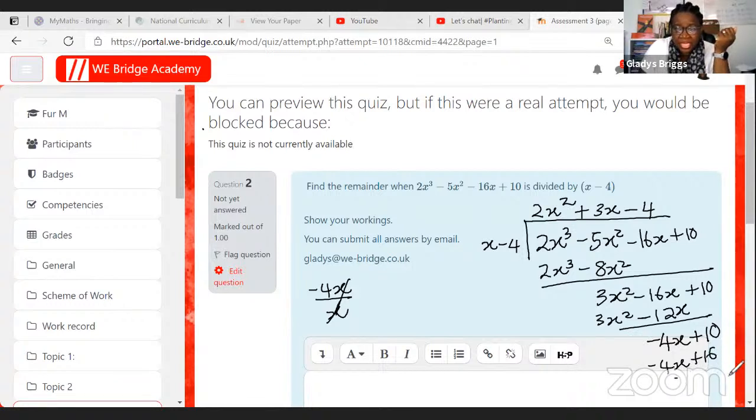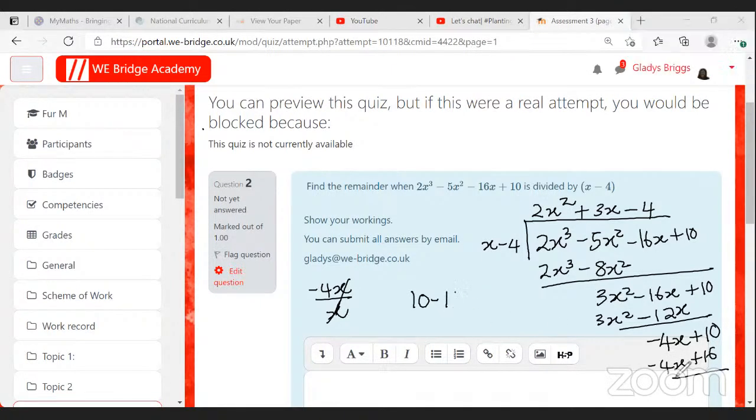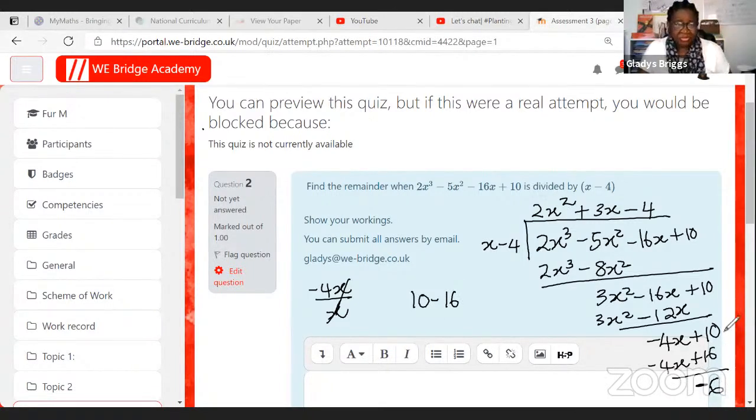Yeah? So then you would have a remainder of what? Minus 4x minus minus 4x is minus 4x plus 4x, which is 0. 10 minus 16 is negative 6. Okay, so that's the remainder here.